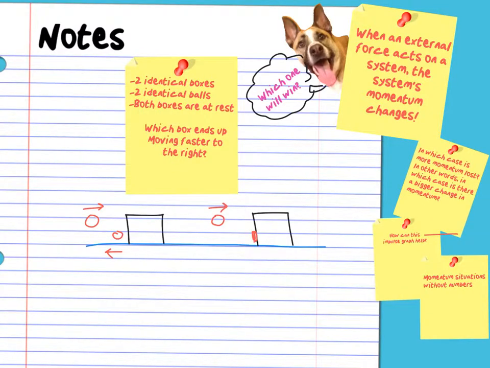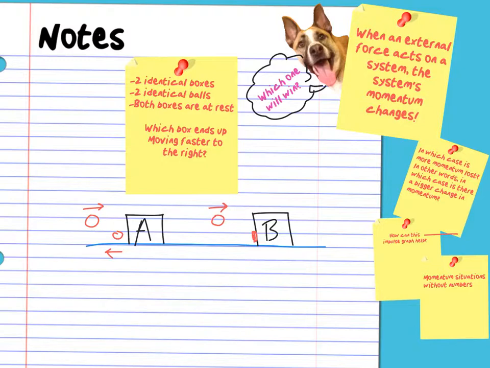Okay, let's test your knowledge of the last slide. I'm going to give you another question. Two identical boxes, box A and box B. And just for clarity, let's label these. This is box A, and this is box B. Okay.